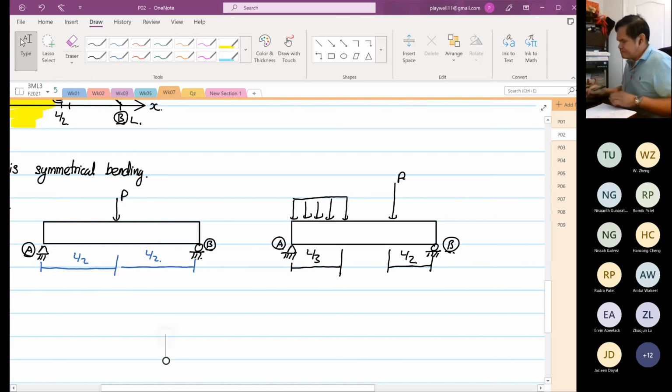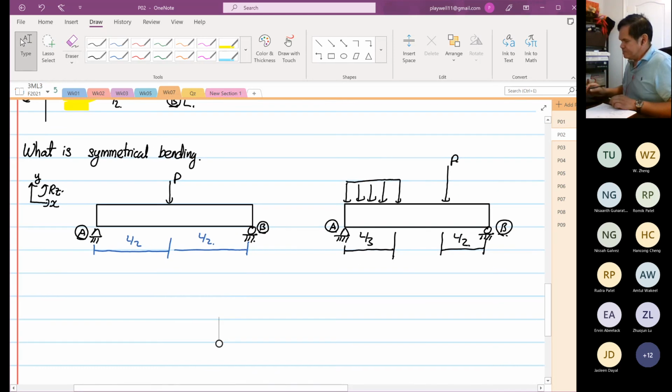If I ask you which one is symmetrical bending, the left or the right? Anyone? The left. Okay. So this is the left diagram, and this is the right diagram.